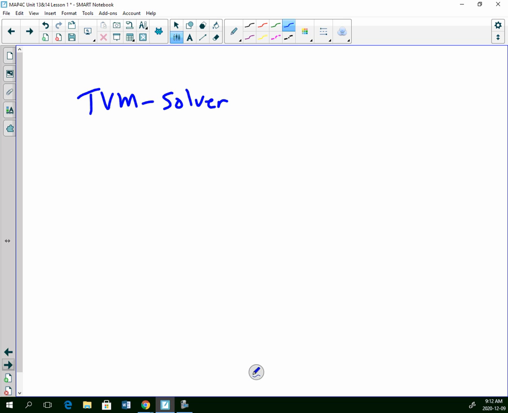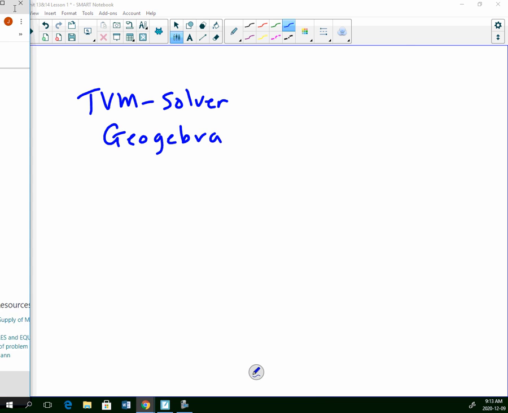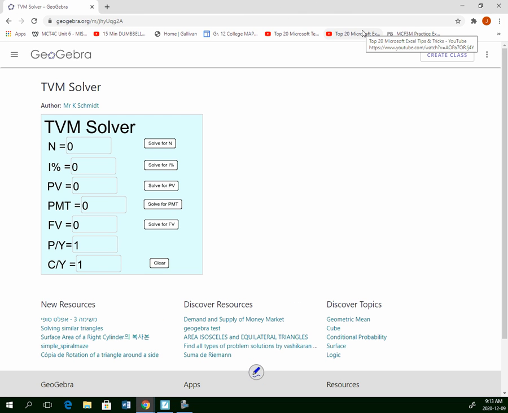So you can type this into Google. The one you want to use is this one. You'll see TVM solver GeoGebra. I'm just going to bring the screen up here. Okay, so this is what it will look like.